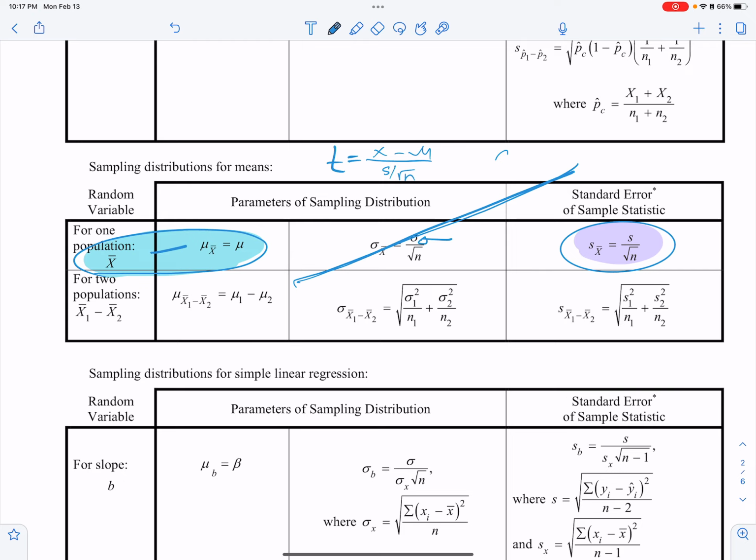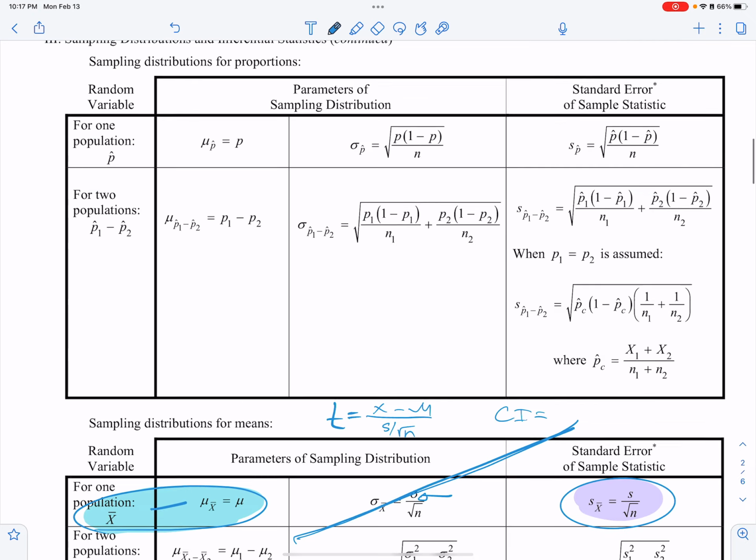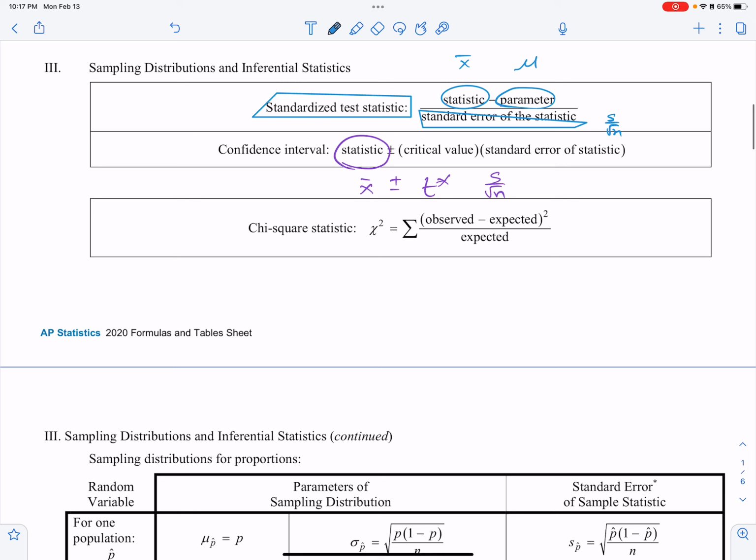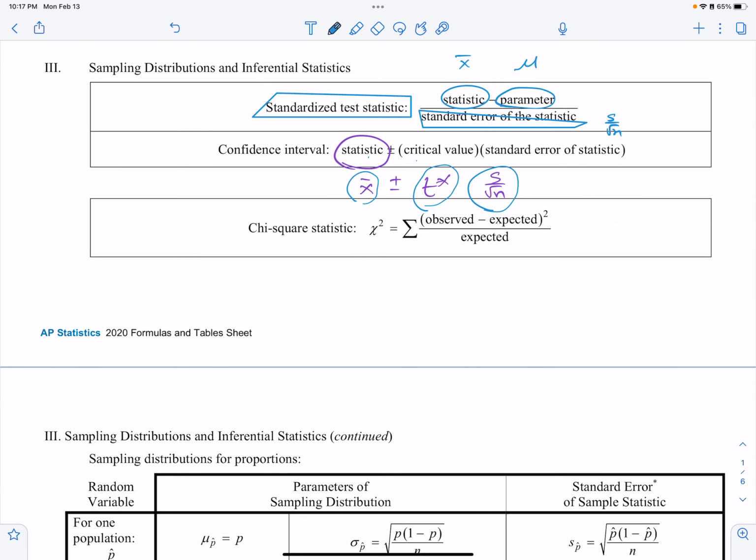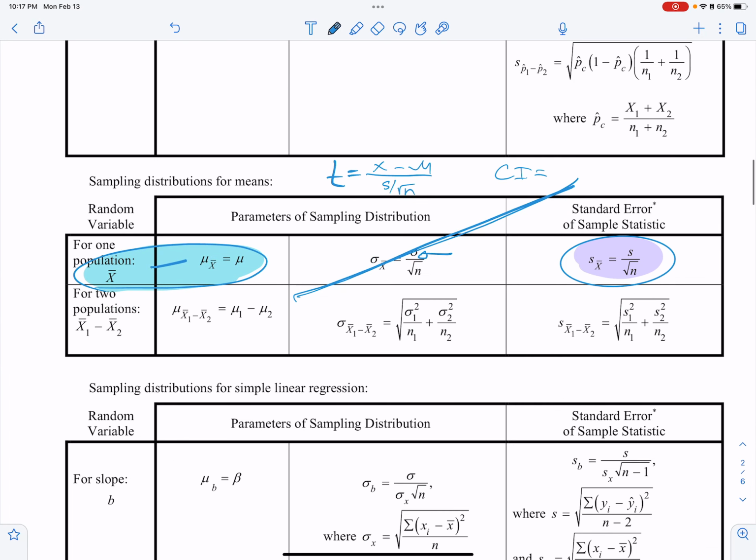And for my confidence interval, remember, confidence interval is right here. Statistic, which is x bar, plus or minus critical value. It's a t distribution, so we're doing t-star times the standard error. So I have the same thing: x bar plus or minus my t-star times my standard error.